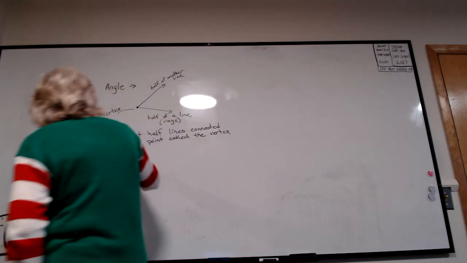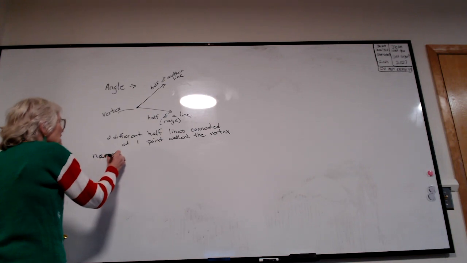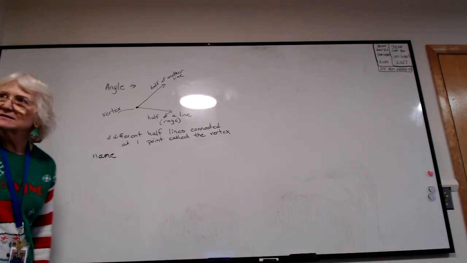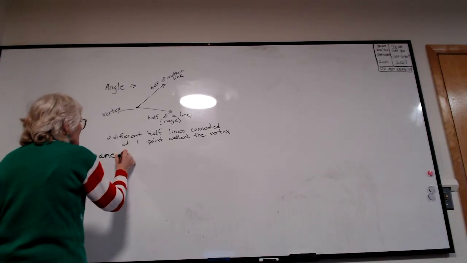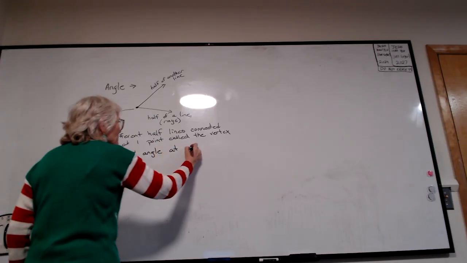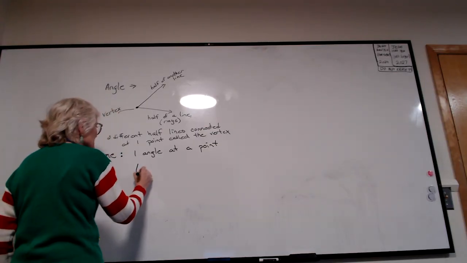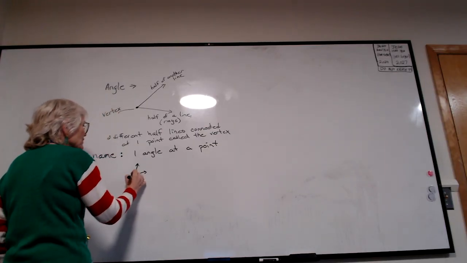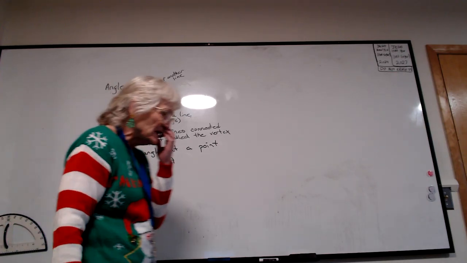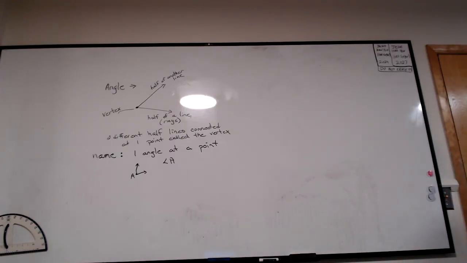So that's what to name these. If there's just one angle at a point, for example, like this, you can call it angle A. If there's only one angle there, you can name it by its vertex.